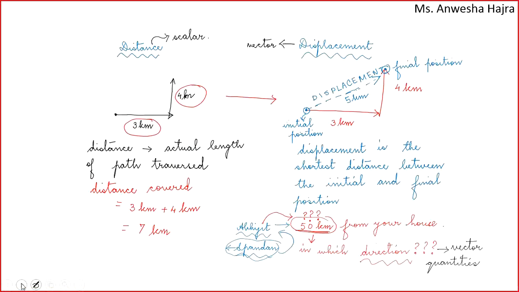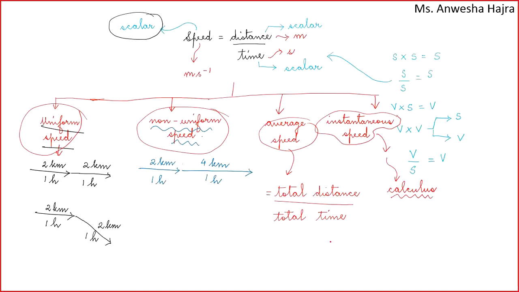Next we understood what is distance and what is displacement. Distance is the actual length of path covered. It is a scalar quantity. And displacement is the shortest distance between the initial and the final position, and it is a vector quantity.